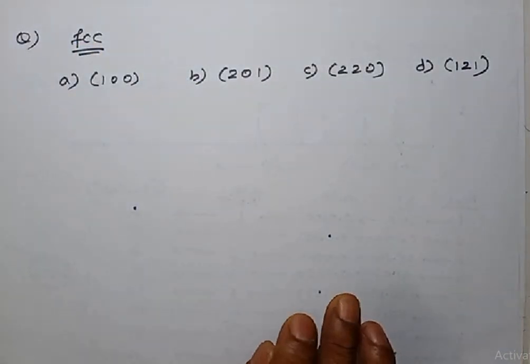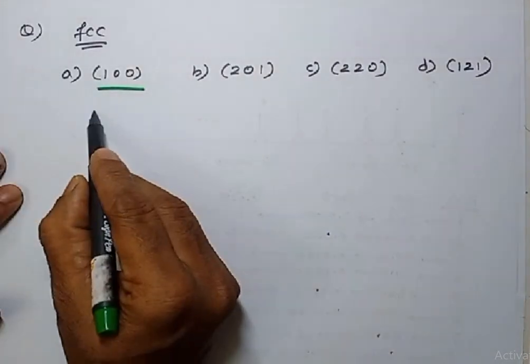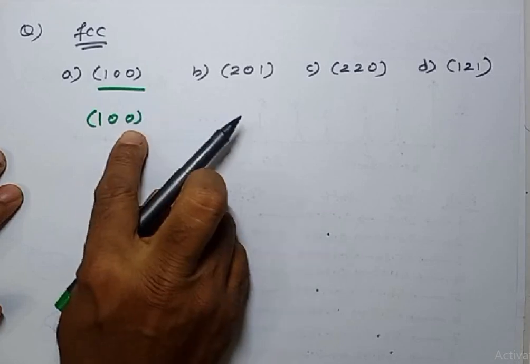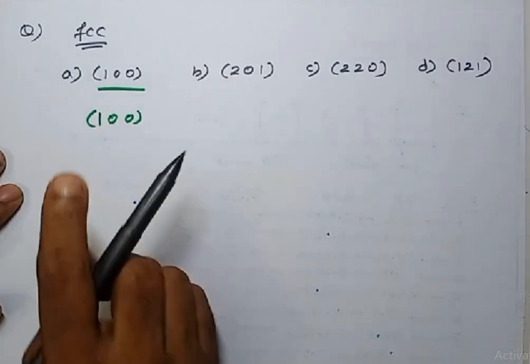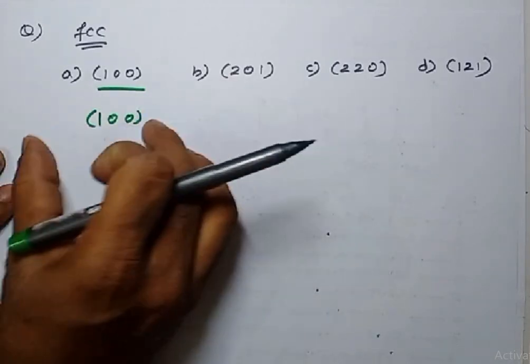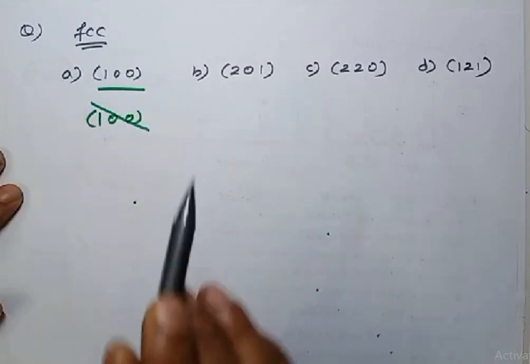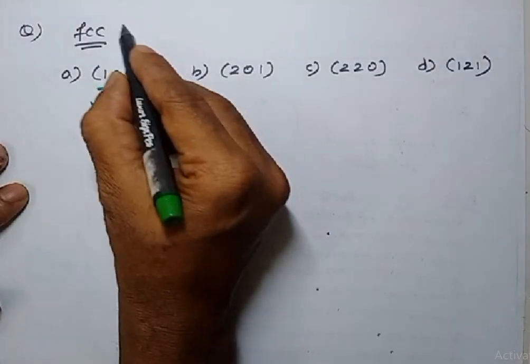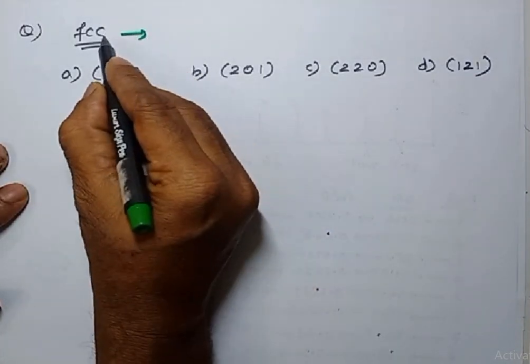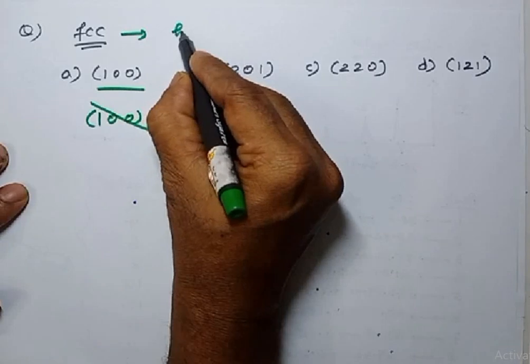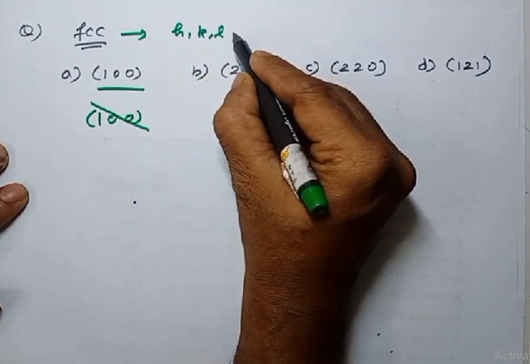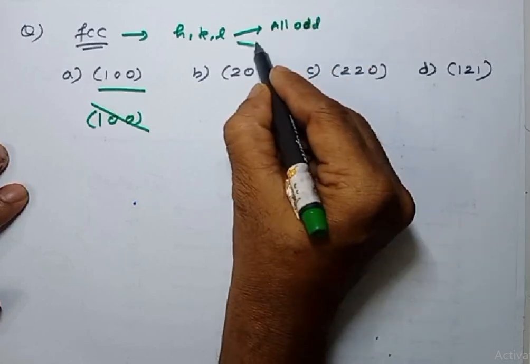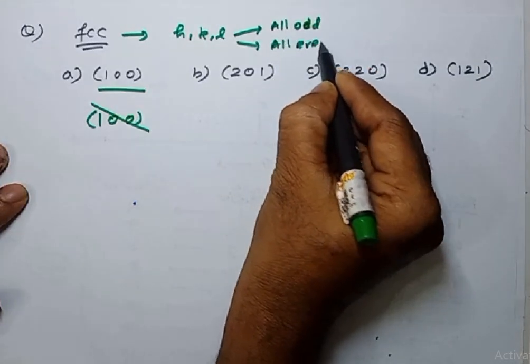Tell me. A is not possible because 1 is an odd number, but zeros are even numbers. So odd and even mixing is there, which is not possible. This plane will never give signal in FCC because, according to the extinction rule for FCC crystals, HKL values should be all odd, or all the values should be even.